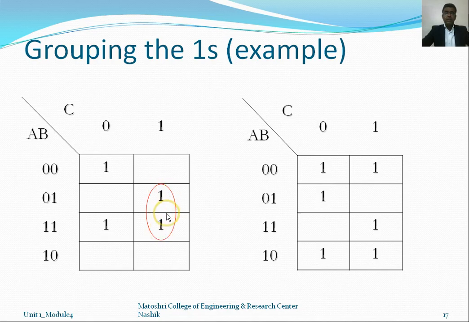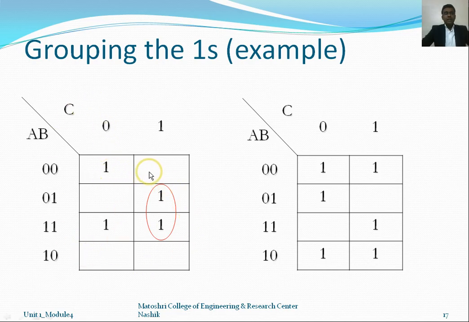These are the pair. But according to priority, 16 ones is not available, since these are only 3 variables, so 16 cell is not available. So for these 3 variables, the highest priority goes to the 8 cell grouping.